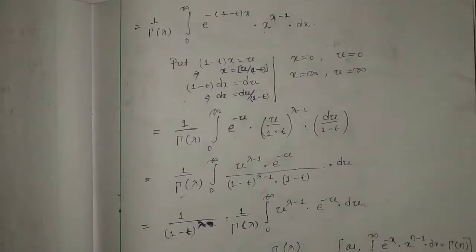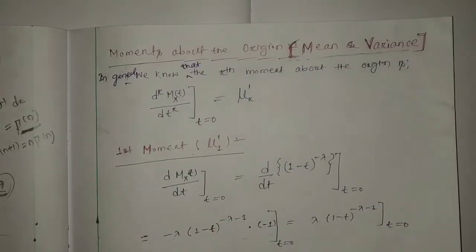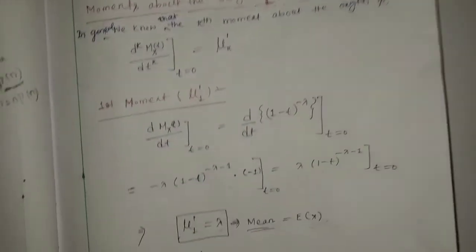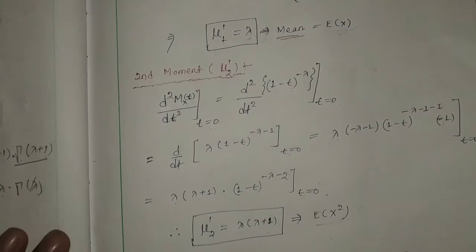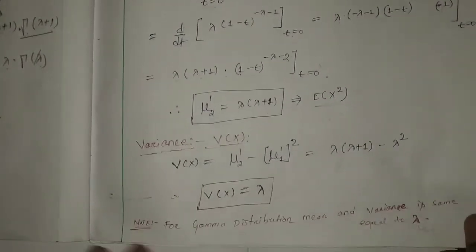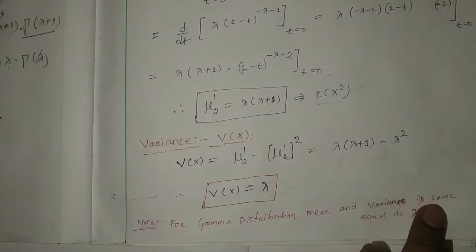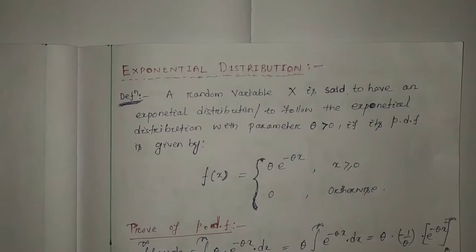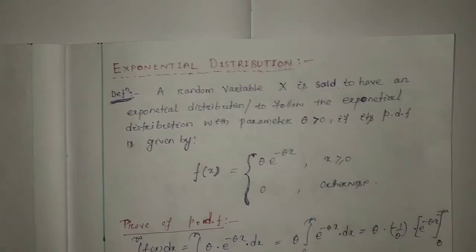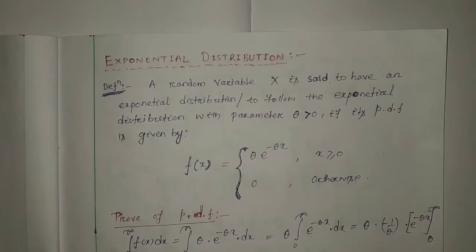Using the moment generating function, we evaluated the first moment and second moment, and using the first and second moment we found out the variance. In today's class we are going to discuss the exponential distribution. So let's start.